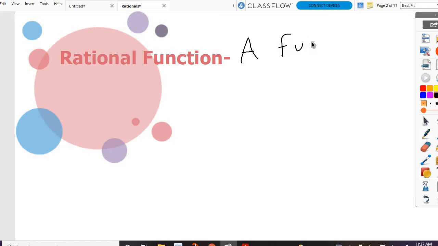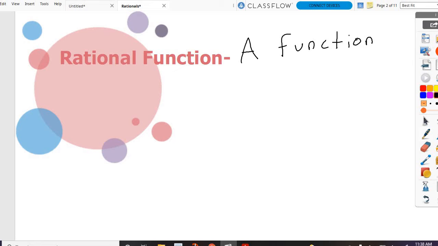Okay, what else do we know about it? Kind of. What does it mean to be rational? Yeah, whole numbers are rational. But not all rationals are whole numbers. What's the special qualification in order for something to be rational?